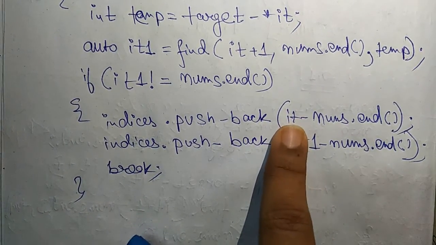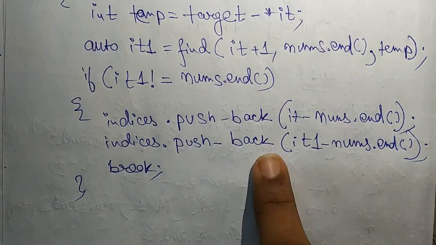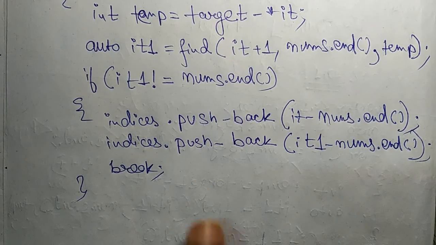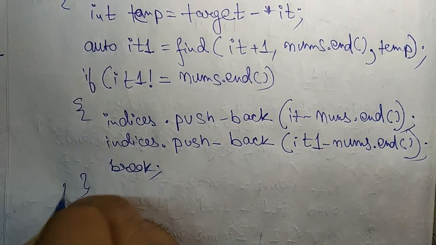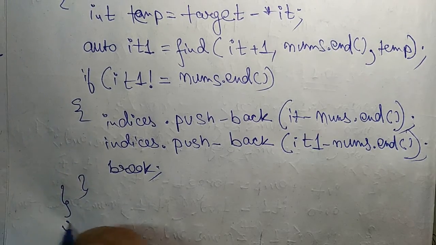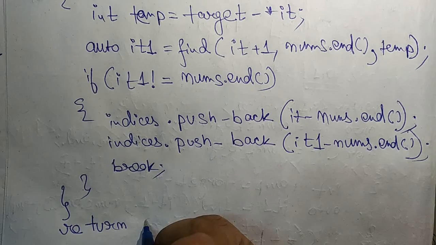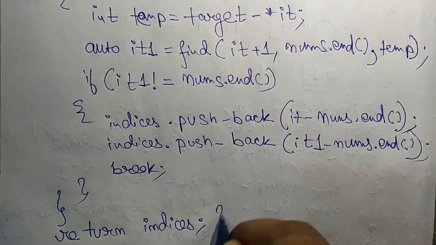Now see, it minus nums.begin will give the index of the first position and it1 minus nums.begin will give the index of the second position. Finally we will break, complete the for loop, and return the indices. Now we are done with this question.